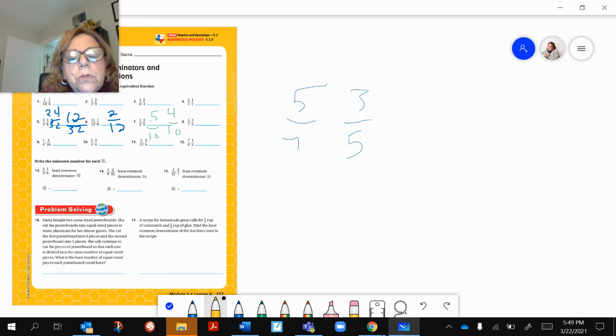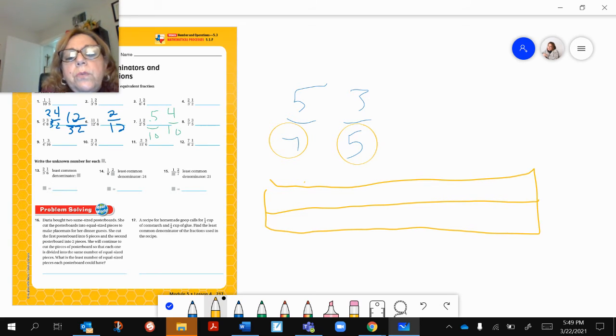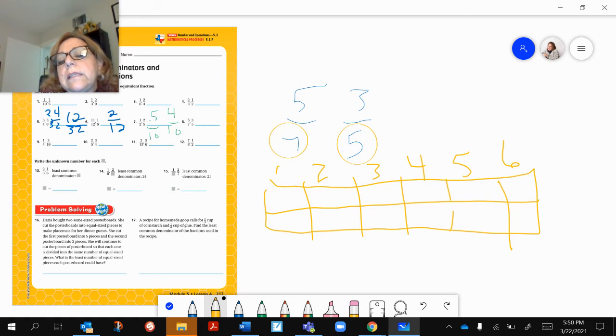I am going to circle the denominators, and I'm going to create a very sloppy box with 2 rows, and I'm going to number these 1, 2, 3, 4, 5, 6, and 7. And can you already guess what that denominator will be? The common denominator would be.